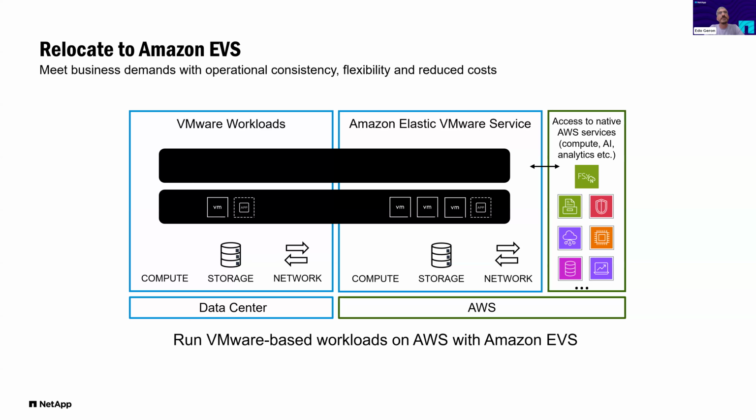The operating model has changed a bit, in which, as we mentioned, a customer is responsible to bring their own VCF license, a license which is eligible to run in the cloud, into the AWS environment. And the EVS service automates the environment deployment with the customer licensing.